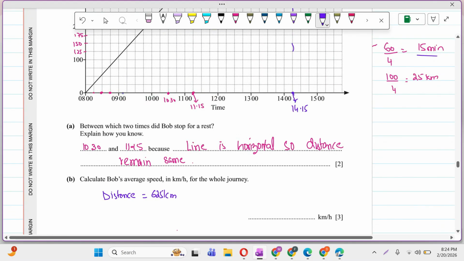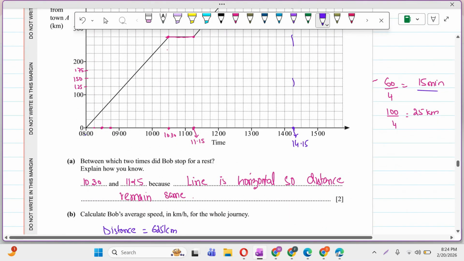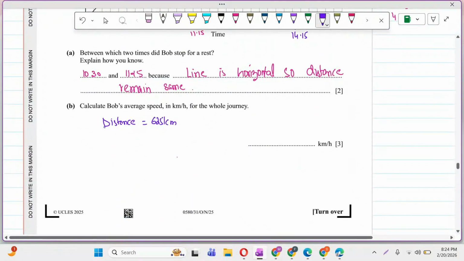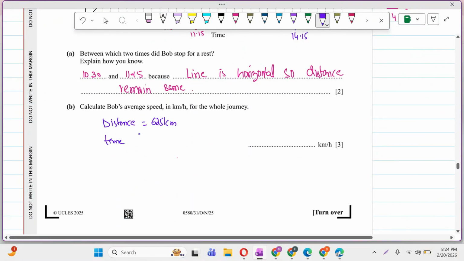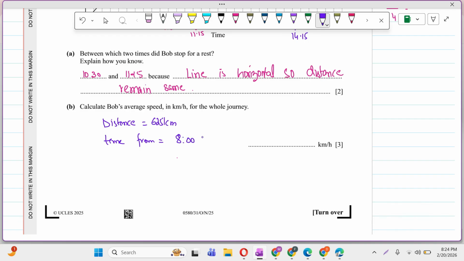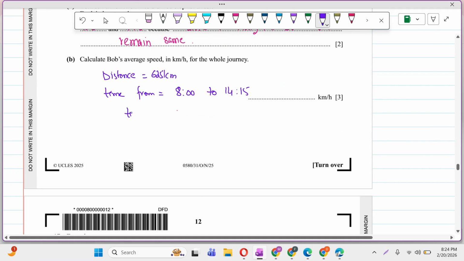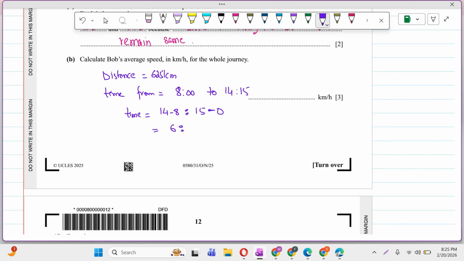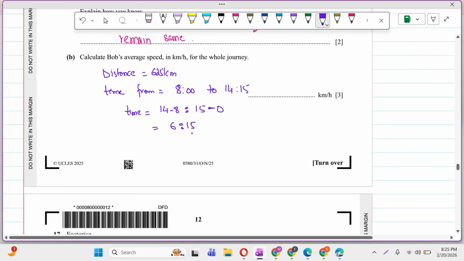And the time taken to cover this distance is from 8 to 14:15. So time is 14 minus 8 is 6, and 15 minus 0 is 15, which means 6 hours and 15 minutes.